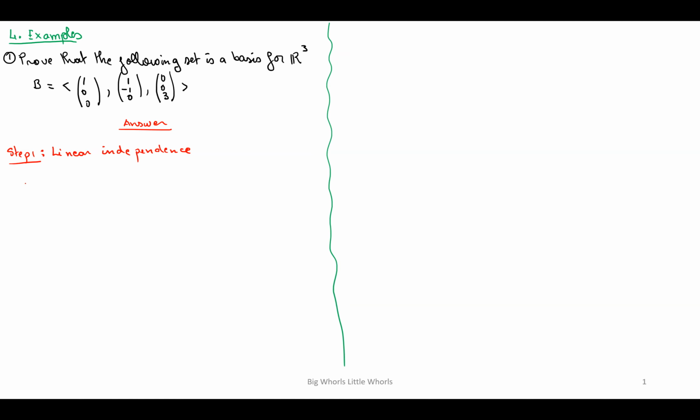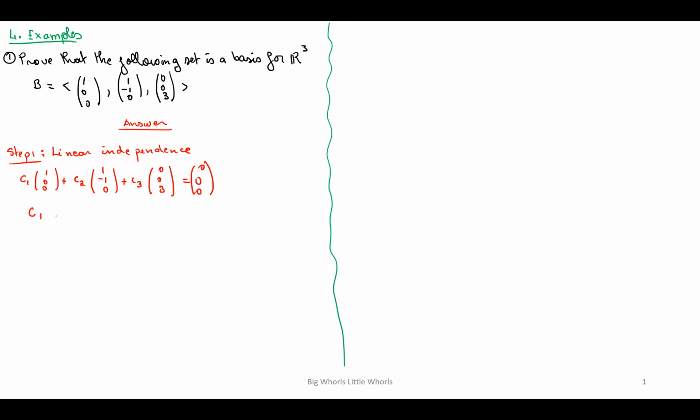Okay, so linear independence. The 3 vectors in B are linearly independent if C1 (1, 0, 0) plus C2 (1, -1, 0) plus C3 (0, 0, 3) equals the 0 vector.